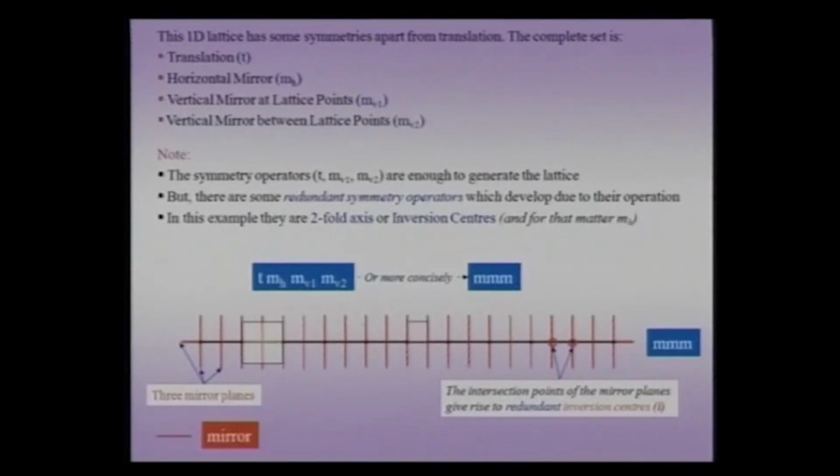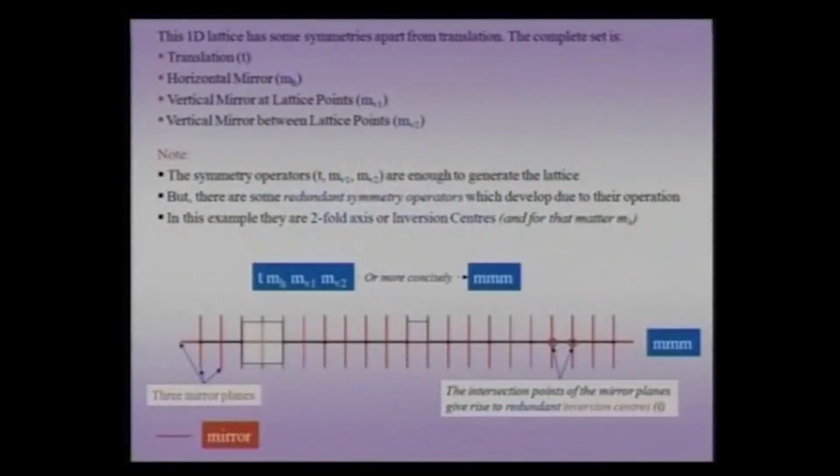Again please remember that all such 1-dimensional lattices obviously have translational symmetry. That means that if I put a mirror at my lattice point here, the translation symmetry will take that mirror to the next position, and the next, and the next, and so forth. In other words, by just putting one mirror plane at a lattice point, I will obtain an infinite set of mirrors at all lattice points.